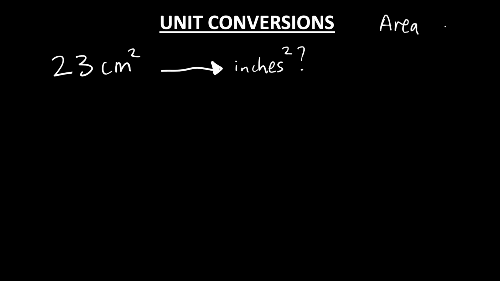Okay, so moving on to a little bit of a harder question now. Let's say we're given 23 centimeters squared and we're asked to give it in inches squared. Now, you may be given this problem when dealing with area, as we know that area is going to be in the length squared. So from earlier we know that 1 inch equals 2.54 centimeters.